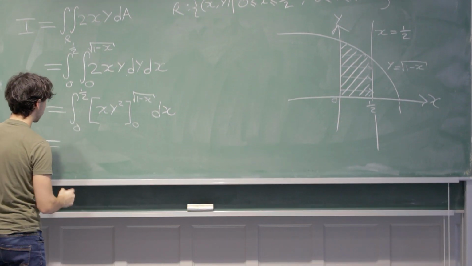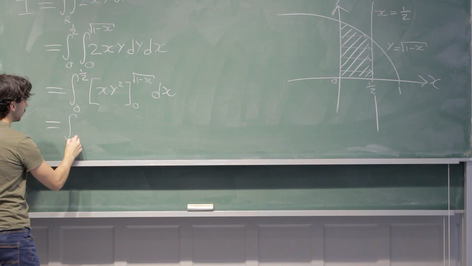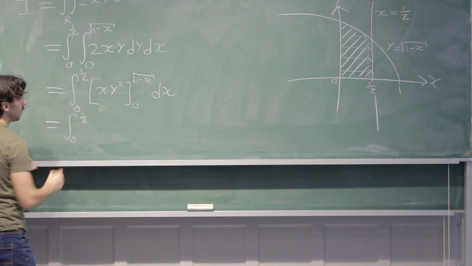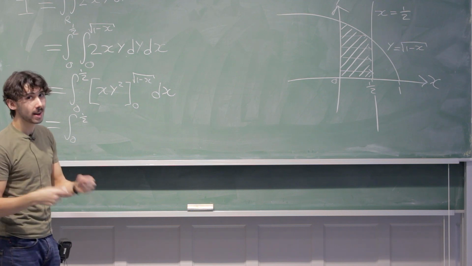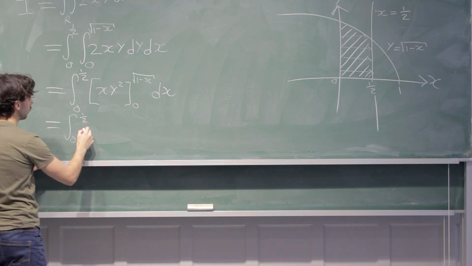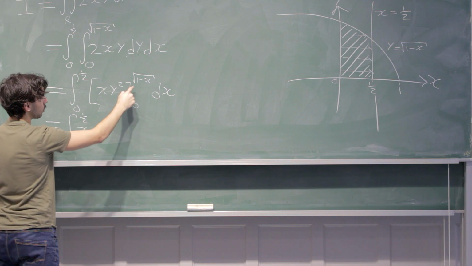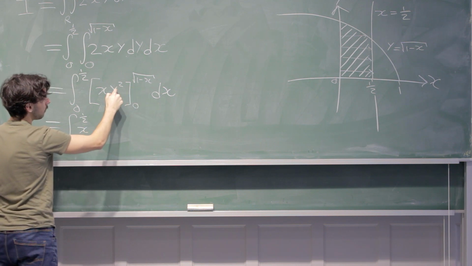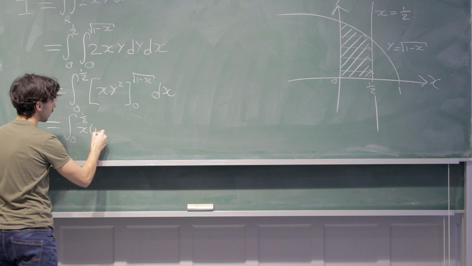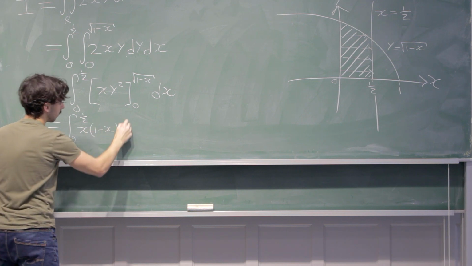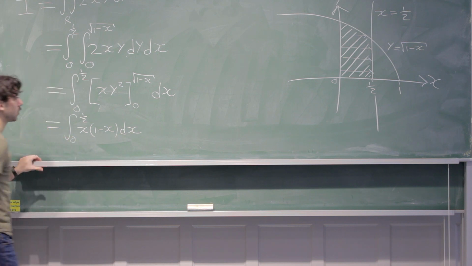So let me raise the board up slightly. Okay, so this is the integral from 0 to 1/2, and then we're substituting the square root of 1 minus x in where the y's are, and we're leaving the x's. So this is x times the square root of 1 minus x, but it's being squared because y is being squared. So it's actually just 1 minus x here. Okay, cool.